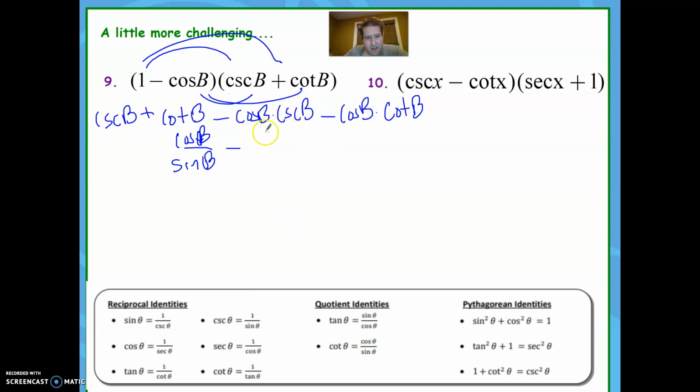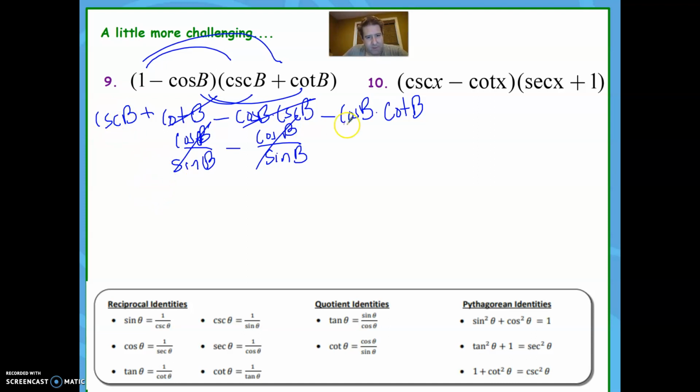So if this is 1 over sine of b, that really ends up being cosine of b over sine of b. Well, the reason why I focused on these 2 here in the middle out of the 4 parts is because cosine of b minus cosine of b is going to be nothing, and nothing over sine of b, since they have the same denominators. So basically, these 2 parts cancel each other out.